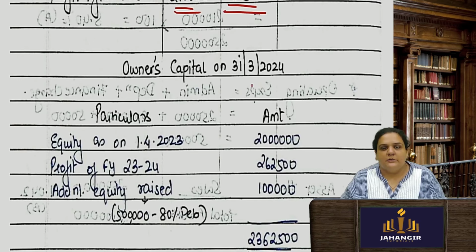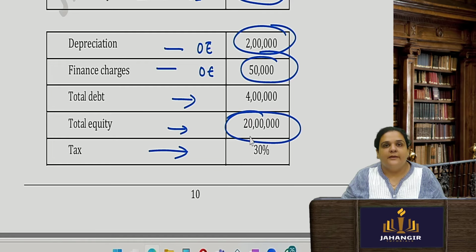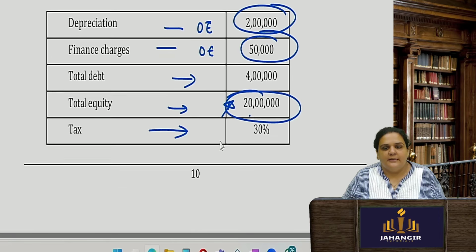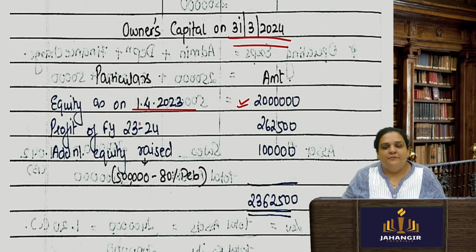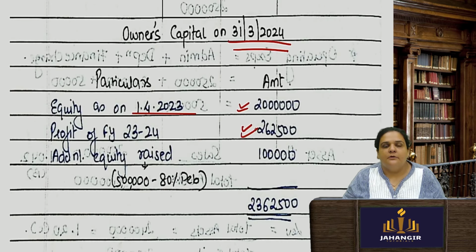Owner's capital as on 31st of March 2024. Equity share capital as on 1st of April 2023 is 20 lakhs, they have given me. Then the profit for the year which I made, 2,62,500 in the P&L account, and the additional equity which I raised, 5 lakhs.